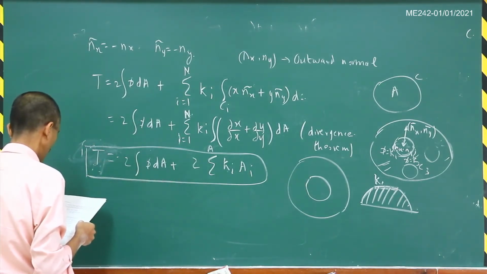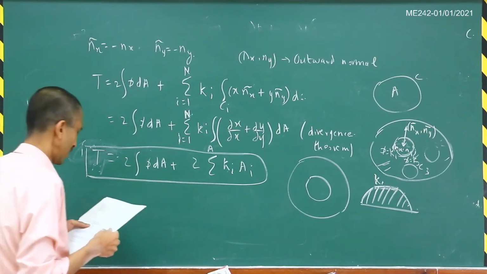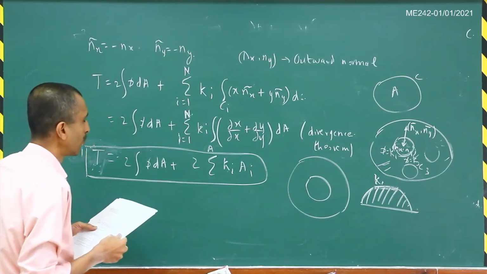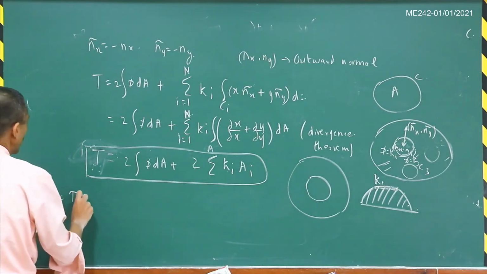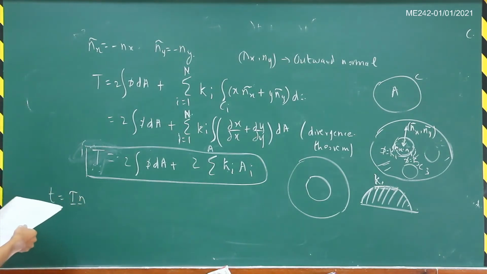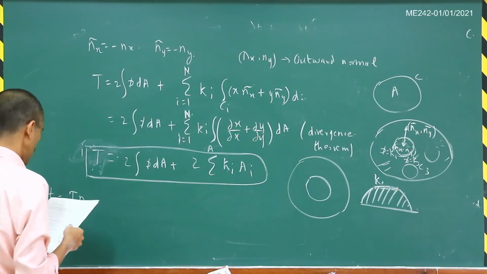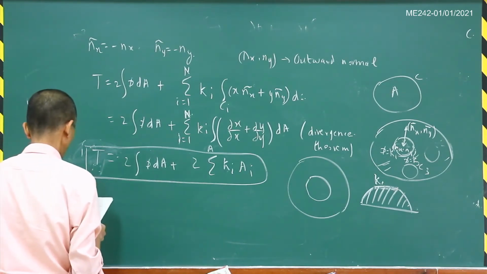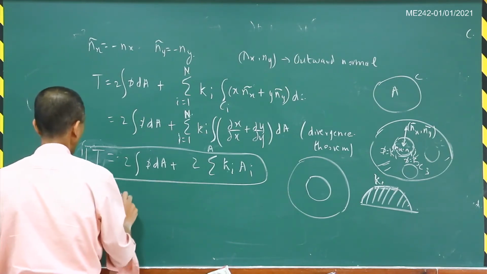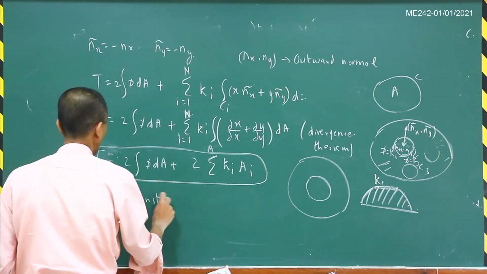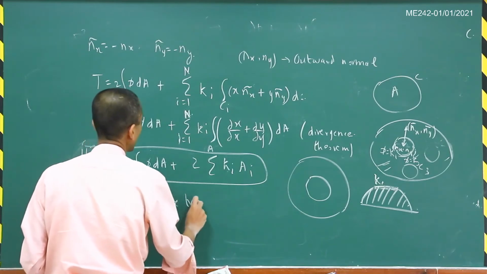Right. And now, if you use the relation that T is equal to tau n, then you will see that the surfaces phi equal to constant are traction free.